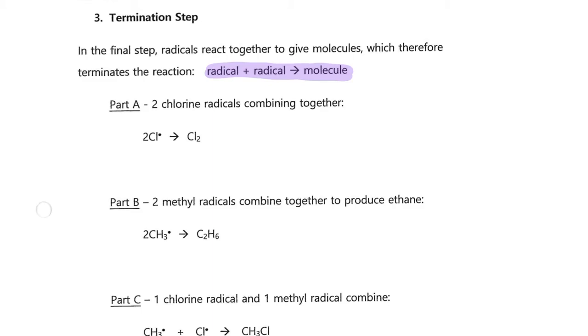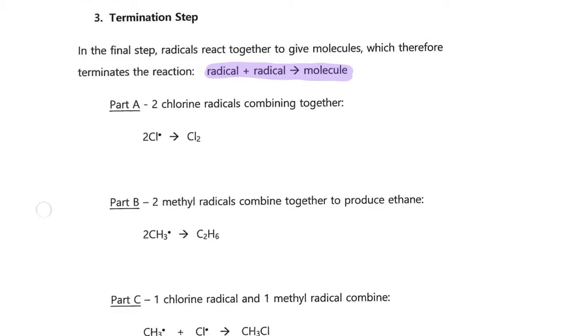When these radicals react together and form molecules, there are fewer free radicals in our reaction mixture, which will eventually react together and terminate the reaction. And actually we'll look at in a second, if this reaction wasn't terminated, then more substitutions can happen.